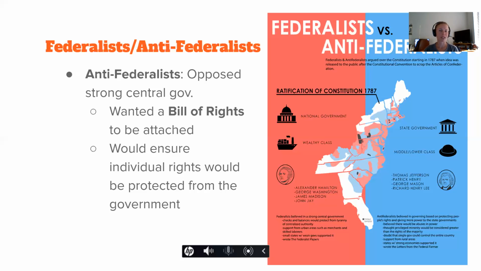And remember, an amendment is like an add-on. It changes the Constitution or it adds to it. And that is where we get those basic fundamental protections from our governments. And these are rights that we have that the government cannot take away from us.